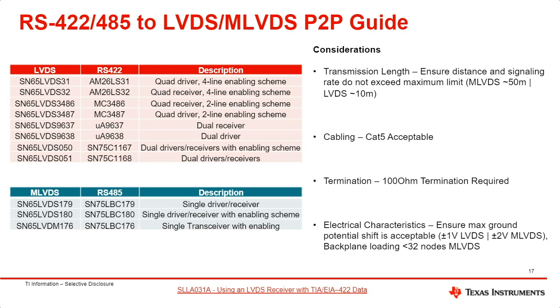But for each of our LVDS devices, we have pin-to-pin compatible RS-422 devices. And similarly for MLVDS, we have pin-to-pin compatible RS-485 options as well. It's not a direct drop-in replacement. There are some design considerations to keep in mind across the transmission length, type of cabling used, the termination, and the various electrical characteristics.